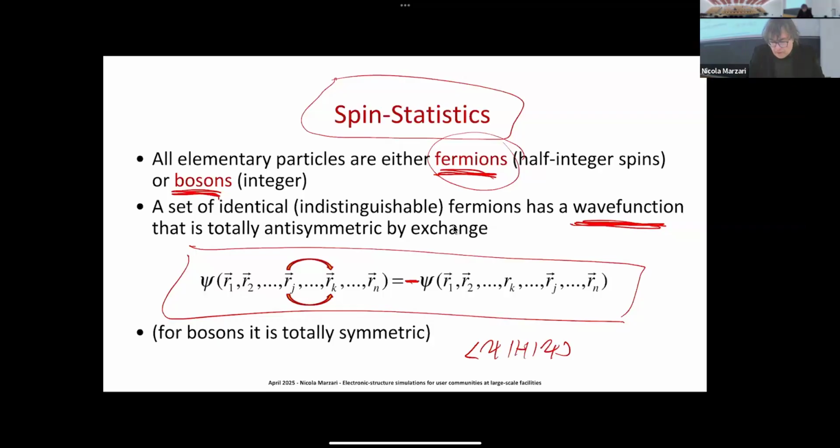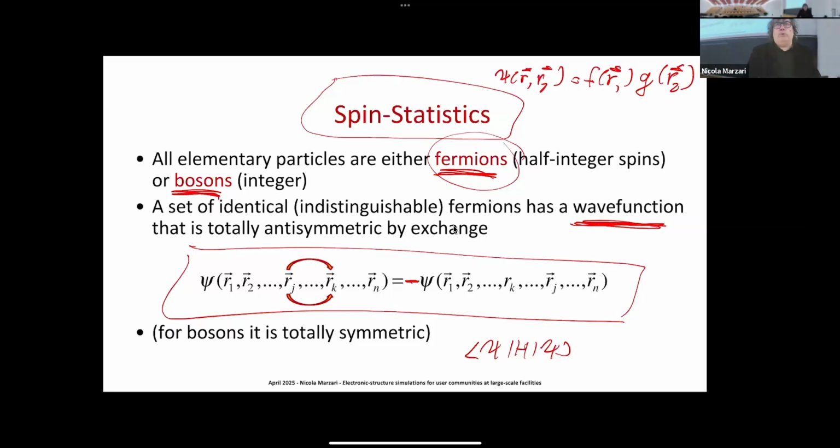Hartree wave function, let me write it here for, say, two particles. So for two particles, Hartree would have said that psi of R1, R2 is going to be equal to the product of a function f of R1 and a function g of R2. You swap R1 and R2, the function changes, so it doesn't satisfy a fundamental law of nature.